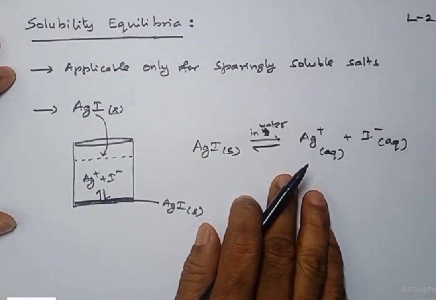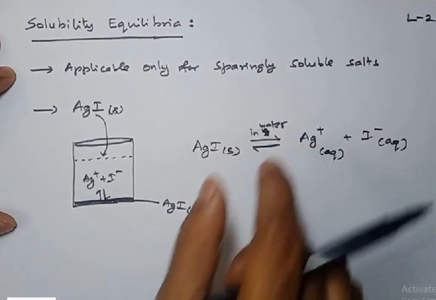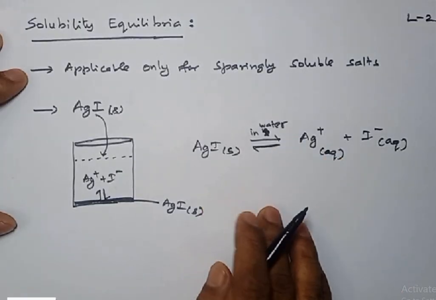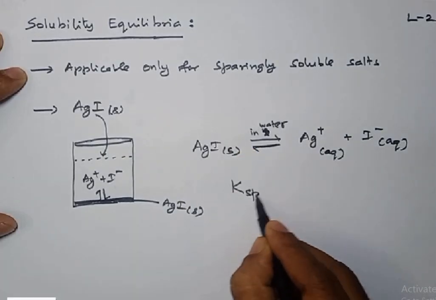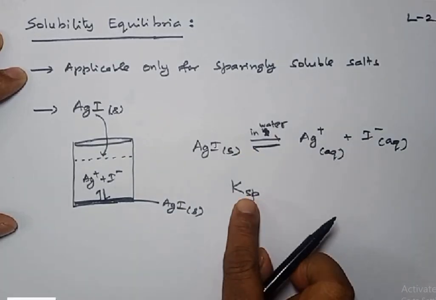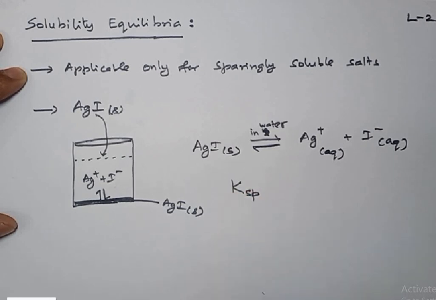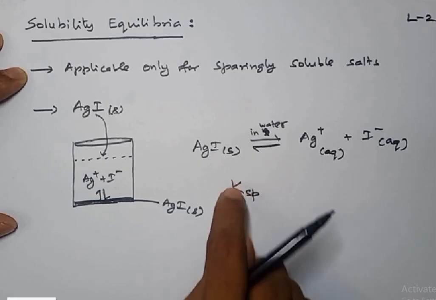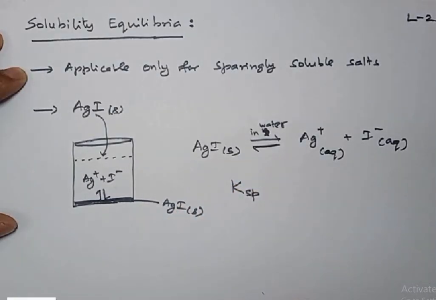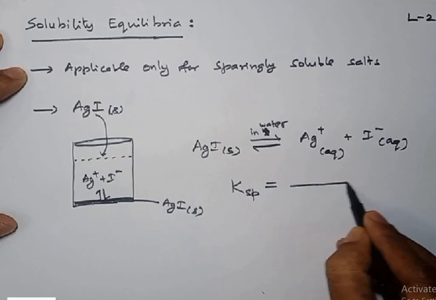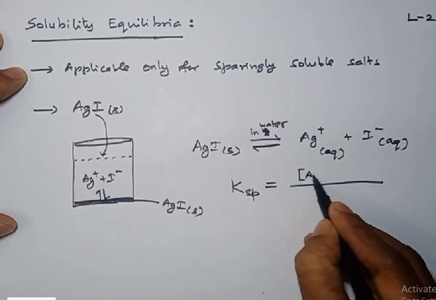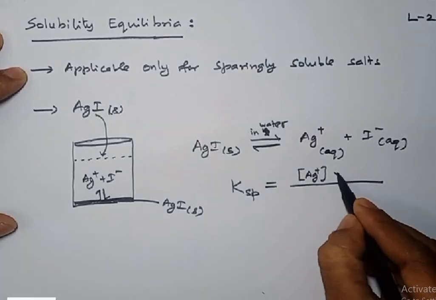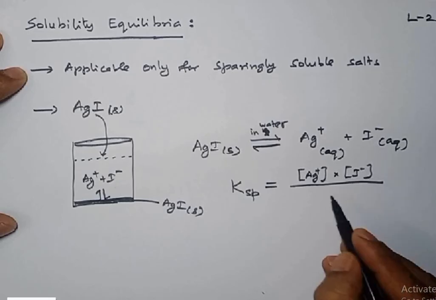Now listen carefully. Once we get the equilibrium, we can write the equilibrium constant. The equilibrium constant for this reaction is usually denoted as KSP, called the solubility product constant, or simply solubility product. It is the concentration of silver ion at equilibrium times the concentration of iodide ion at equilibrium, divided by the concentration of the salt, silver iodide.